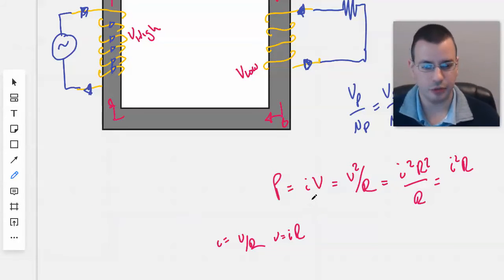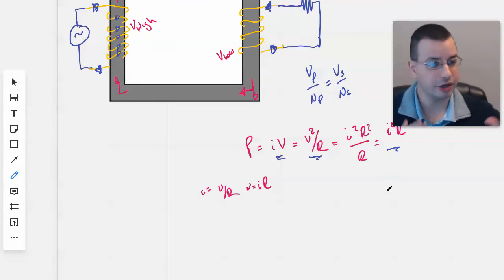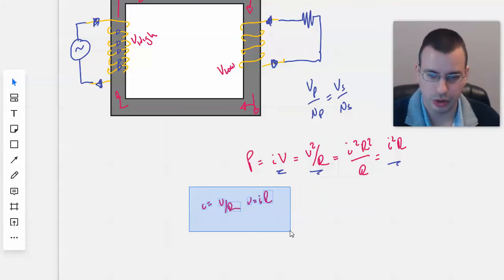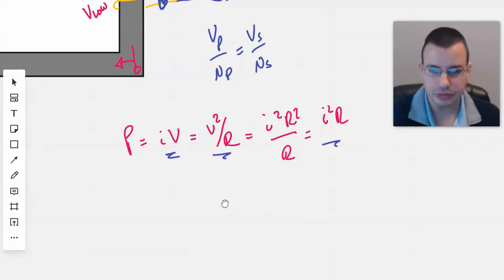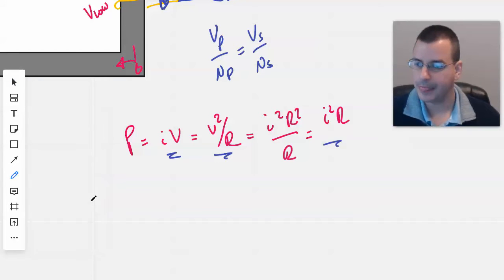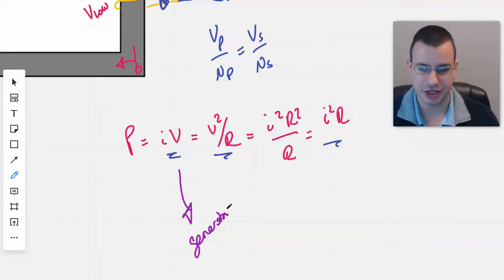And when you're taught this the first time, you're basically told that, all right, you have this power equation, you have Ohm's law, and you can convert between everything. Well, that's not actually entirely true. So these are three different power equations, where this is power for generators and transformers for the most part.